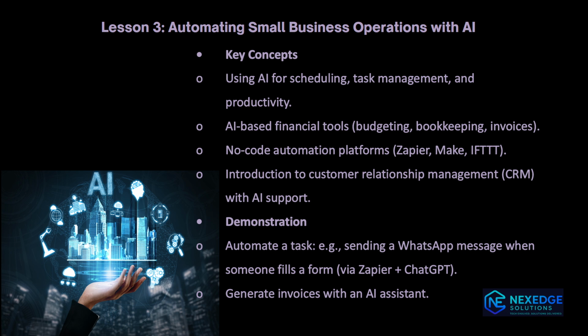We also have no-code automation platforms. No-code automation platforms are platforms that we use for automation to connect our apps together, like our social media, email, and every other marketing and business app. Such as Zapier, Make, IFTTT, and the likes.